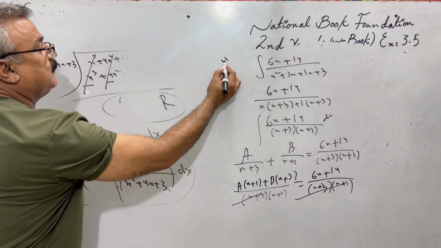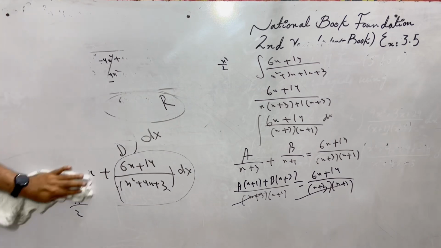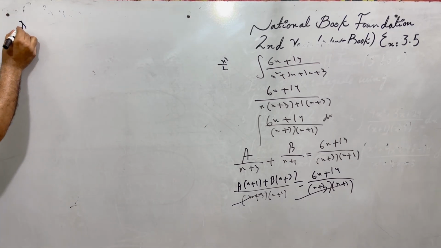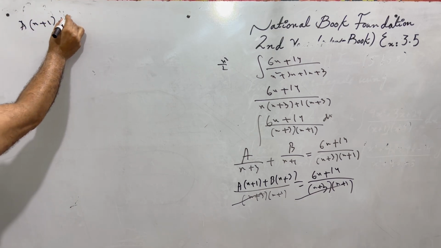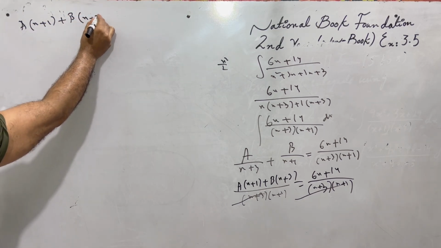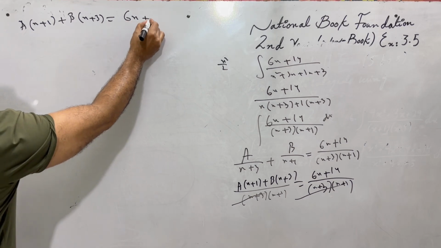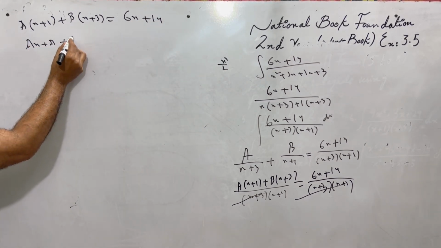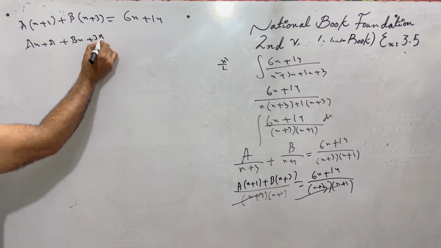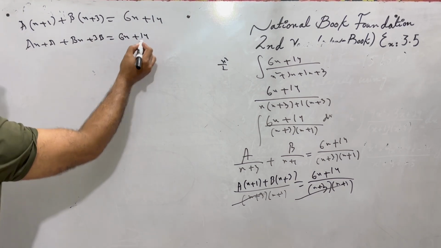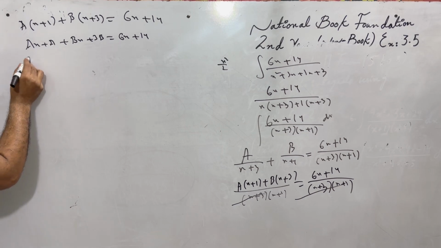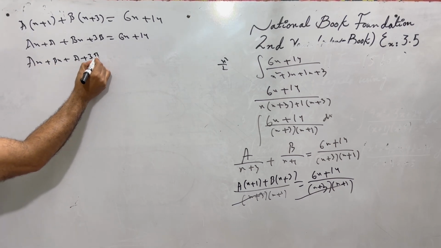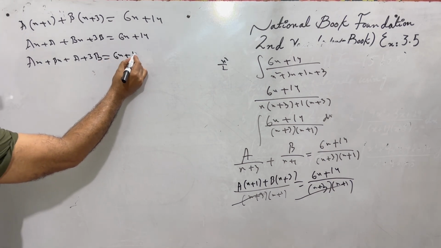Here x square over 2 is present; we can compensate for this again. Now we have this situation: A times x plus 1 plus B times x plus 3 is equal to 6x plus 14. Multiply and compare. Collecting the like terms, Ax plus Bx, A plus 3B is equal to 6x plus 14.